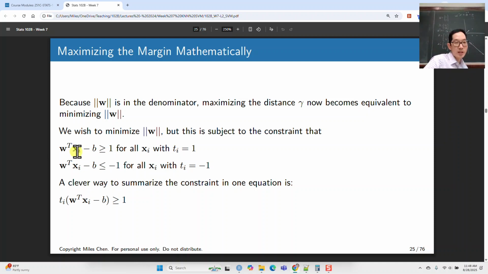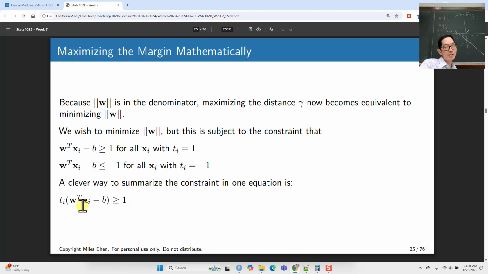The signs of the points are positive 1 and negative 1, the classification there. We can combine this greater than, less than business into one thing: take the sign of this, whether it's 1 or -1, and when you multiply it by this thing, it has to be greater than or equal to 1. You have this constraint, and it has to be true for all values of X.